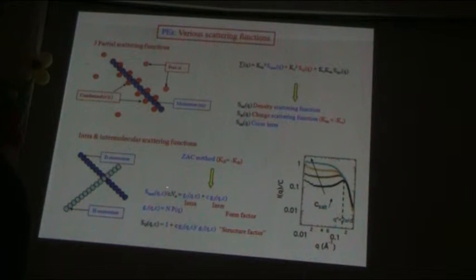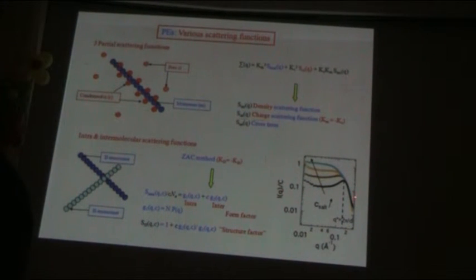Finally, for each partial scattering function, you have intramolecular terms, so the correlation between, for example, the monomers inside one chain, but you can also have the intermolecular terms, so the correlation between monomers belonging to two distinct chains. Okay? I give you an example.